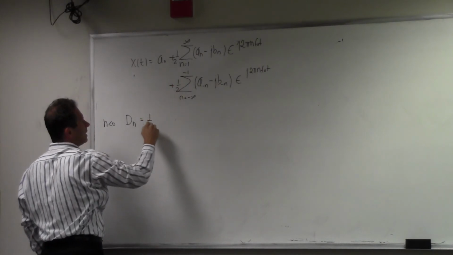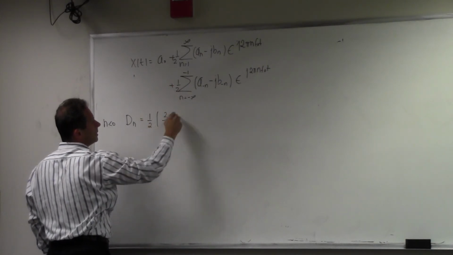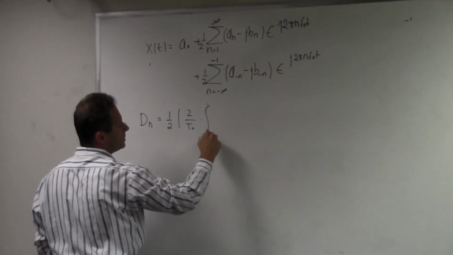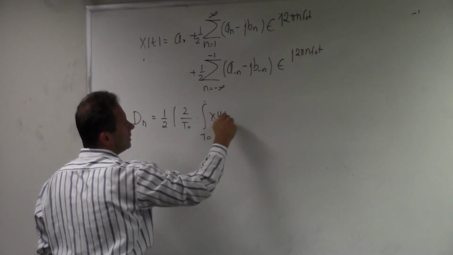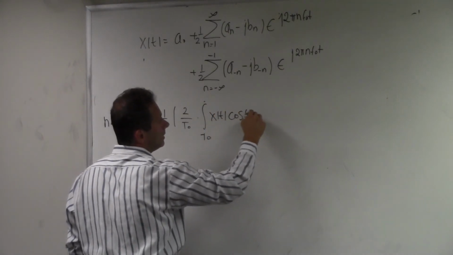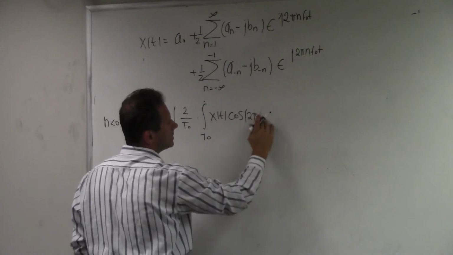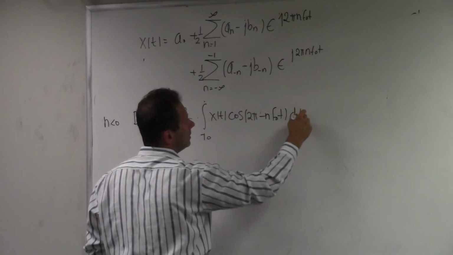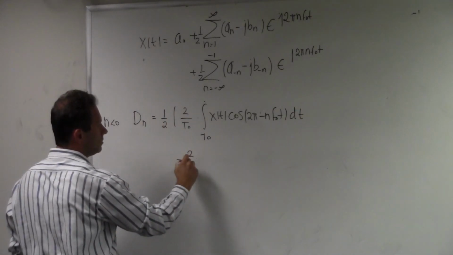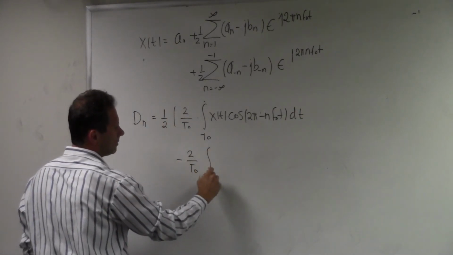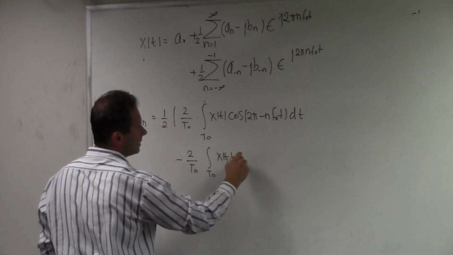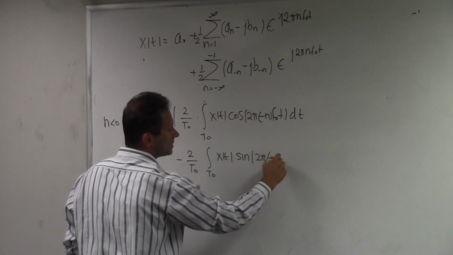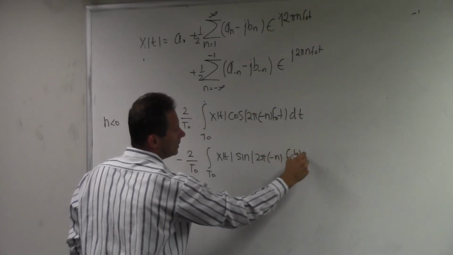So it's going to be 1/2 times 2 over t0, and then the integral over t0 of x of t times cosine 2 pi, minus n, f0 t dt, and then you have minus 2 over t0 integral over t0 of x of t times sine 2 pi, again minus n, times f0 t dt.